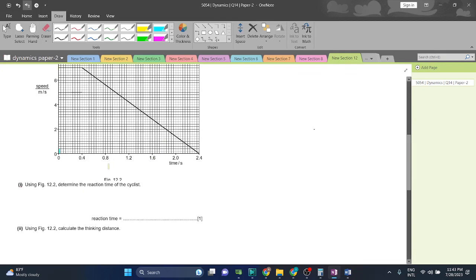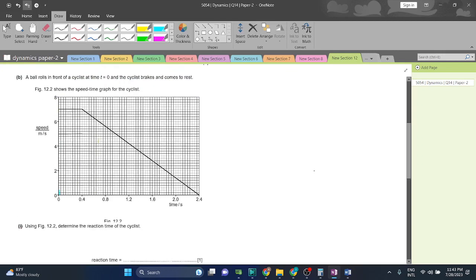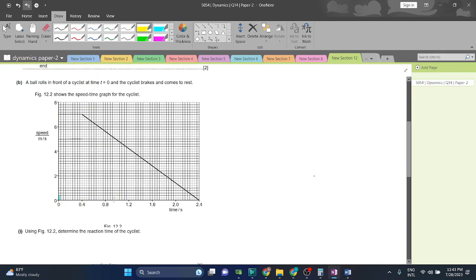Okay, question part 1. Using figure 12.2, determine the reaction time of the cyclist. Reaction time is on the x-axis. Which time will the reaction time be? The time it takes for the driver to see and take action. And as you can see, he starts to take action by the time 0.4.